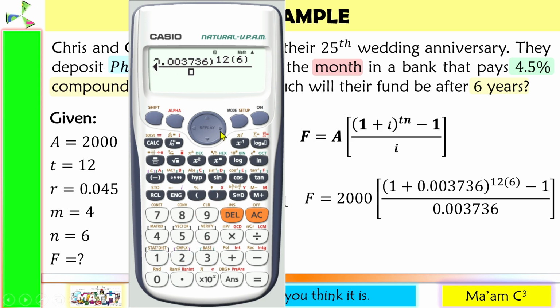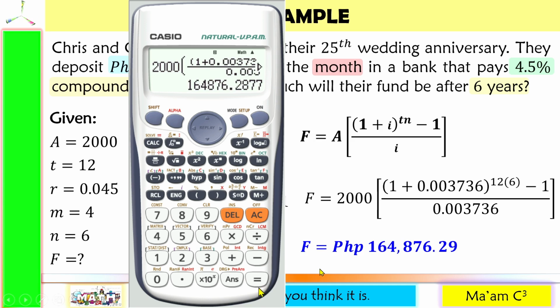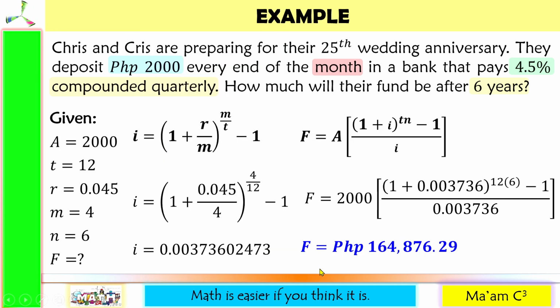Close parenthesis, cursor to the right, minus 1. Cursor down, 0.003736. Cursor to the right, close parenthesis, equals 164,876.29. That is our future value.